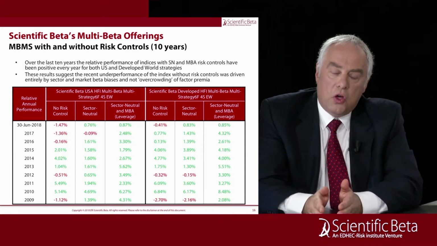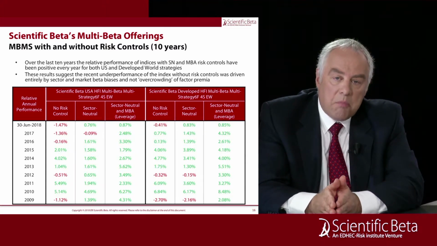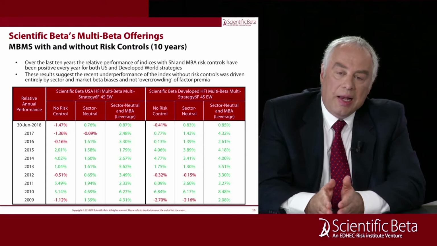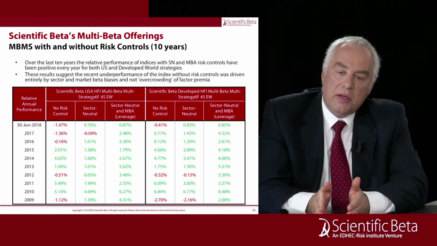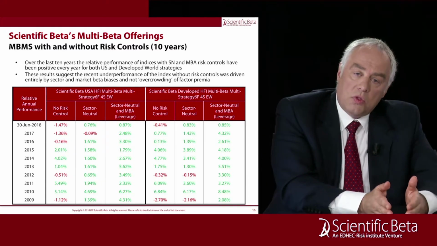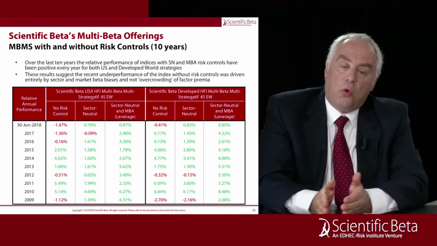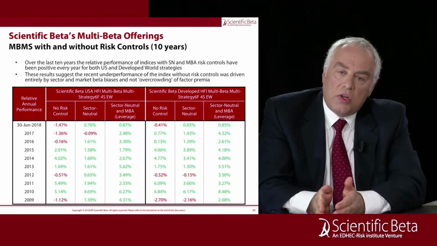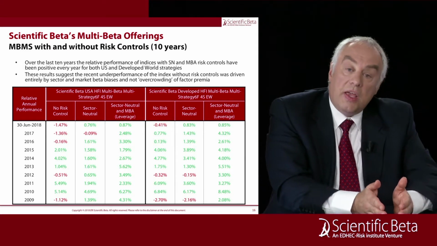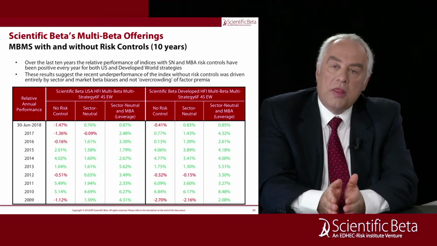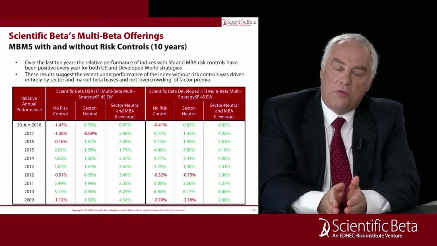And if we look at the third column for each strategy, what we see is once you make that market beta adjustment, clearly that has a very, very big impact. So in fact, the performance without risk controls recently has really been driven by the fact that you don't have full exposure to the market. It's not necessarily driven by the factors, it's actually being driven by the market beta bias of these strategies.